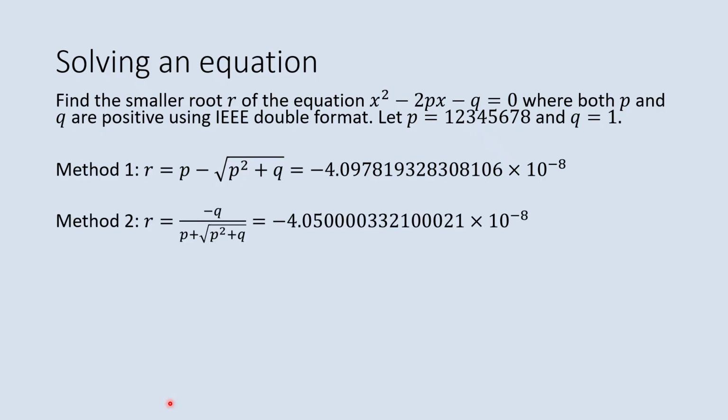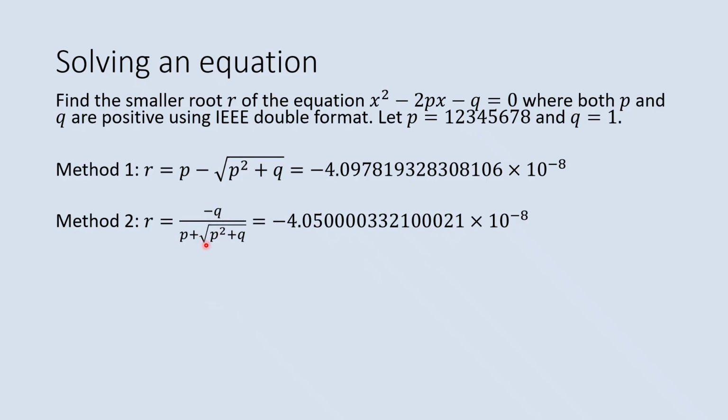Now there's another method that involves doing something slightly different. We're not going to get into the details, but it's still applying the quadratic formula in a sense, but then rewriting it in a slightly different way. And in that case, the formula would say that the smallest value is negative q divided by the sum p plus the square root of p squared plus q.